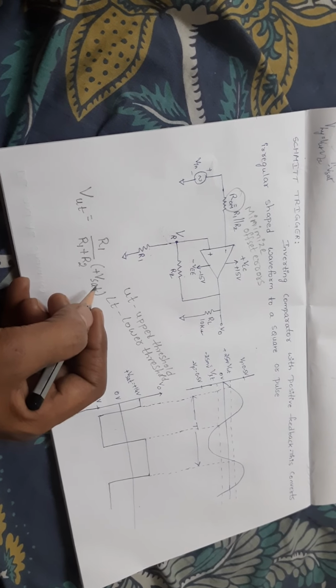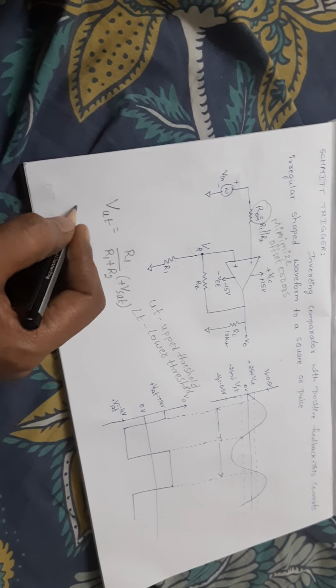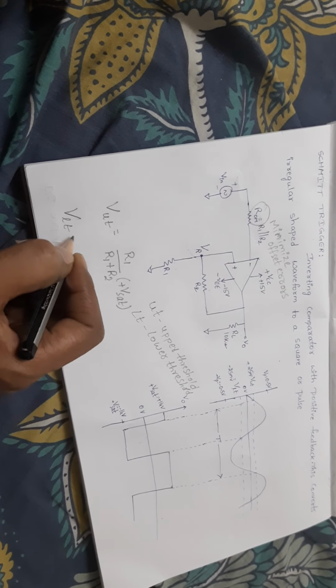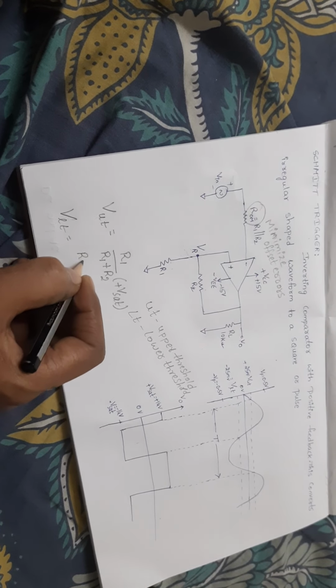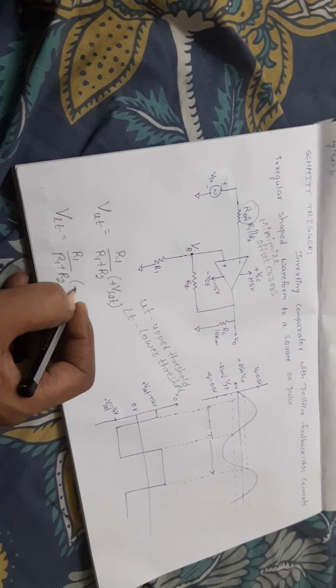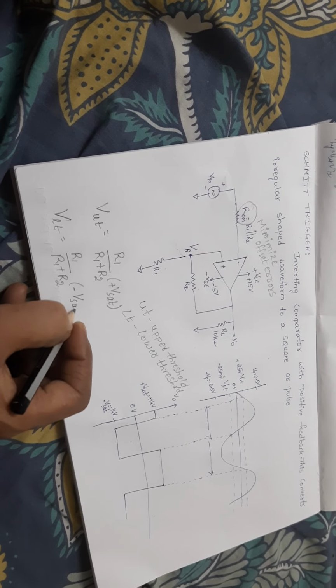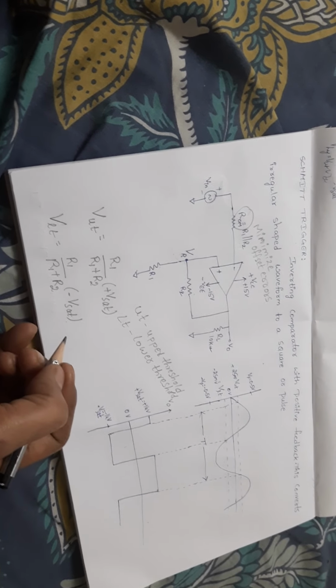Below this upper threshold, it will be at plus Vsat. For the lower threshold, the equation is R1 by R1 plus R2 into minus Vsat. And another equation is there.